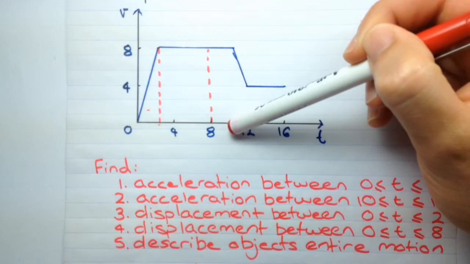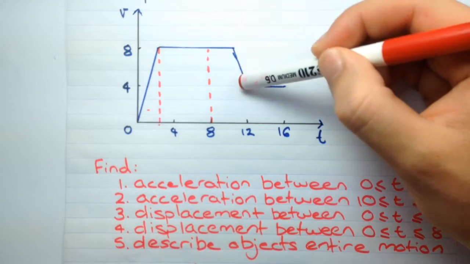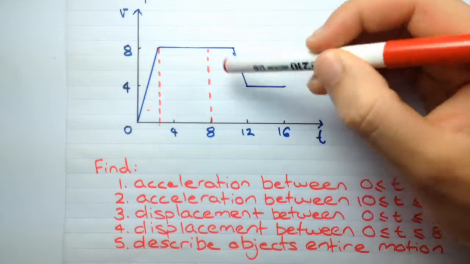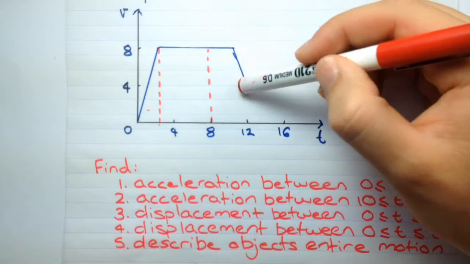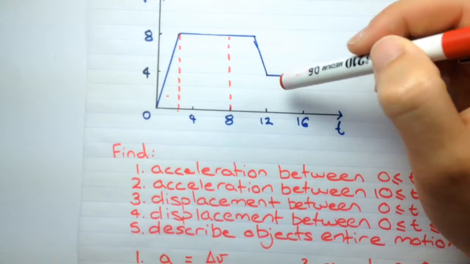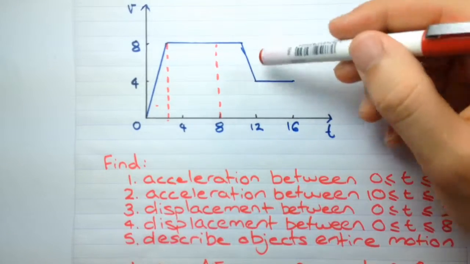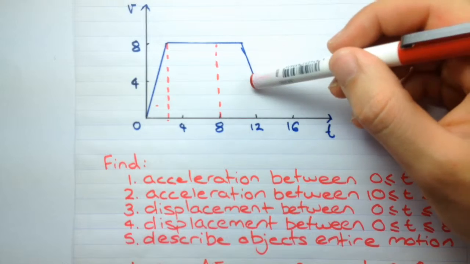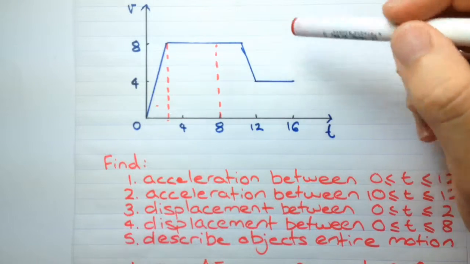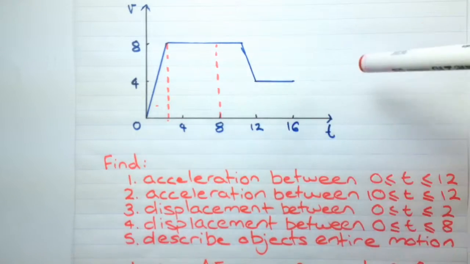Then decelerates to 4 units per second over 2 seconds, and then maintains a constant velocity from 12 seconds to 16 seconds, and the constant velocity is 4 units per second.